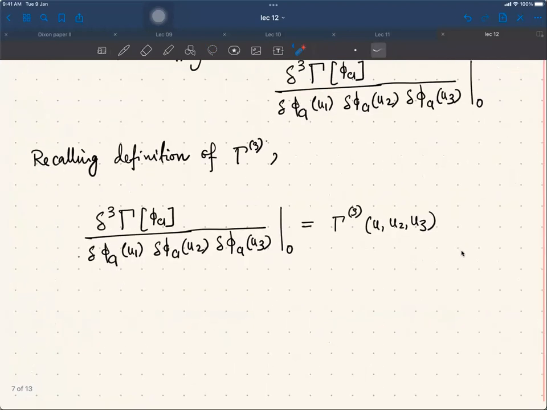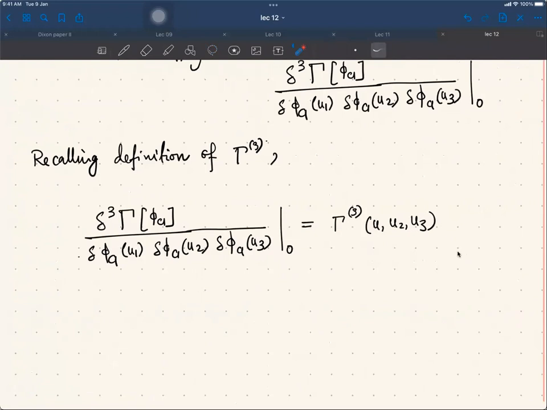Now let me proceed to derive the same result for n equal to 4. Now onward, there is a systematic method. Each time you prove the result for any value of n, you take the result from n minus 1.